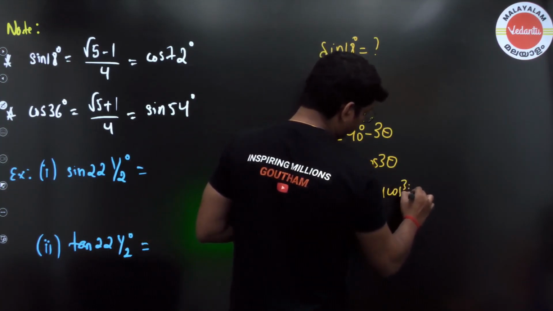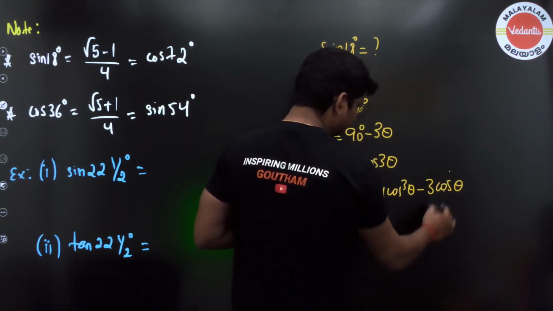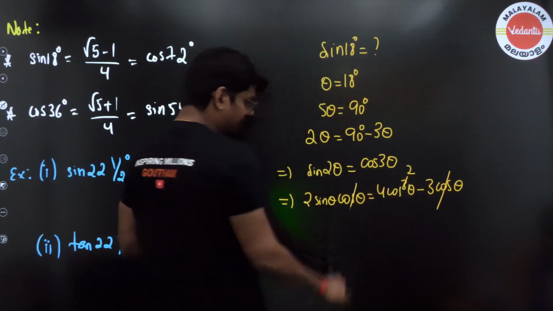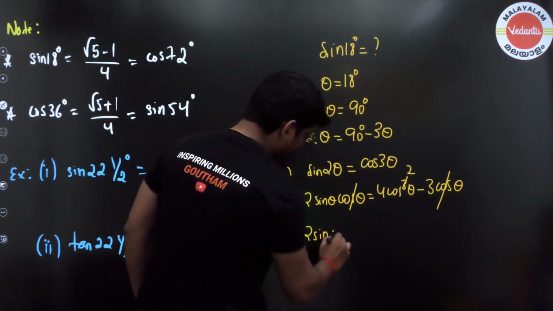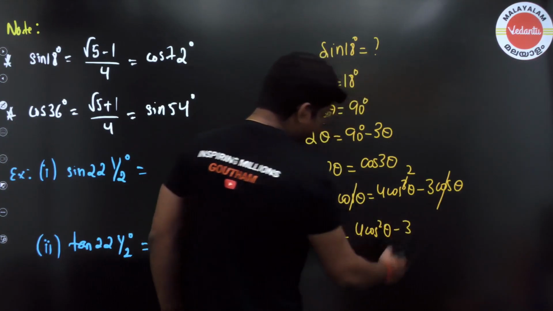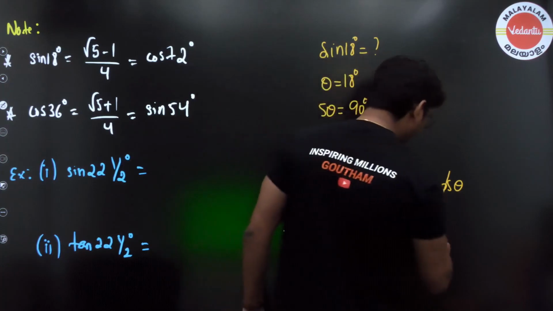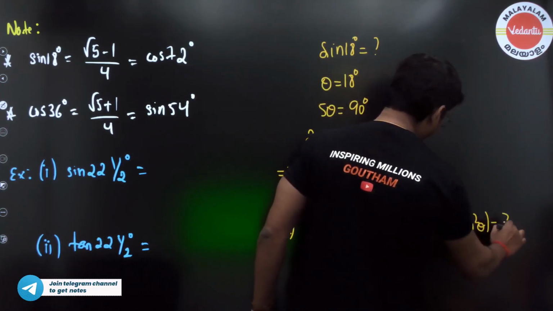4 cos cube theta minus 3 cos theta. So you can clearly observe that here the cos is getting cancelled. Now what is remaining? 2 sine theta is equal to 4 cos square theta minus 3. Now this can be simplified. You can write this as 4 into 1 minus sine square theta, minus 3.